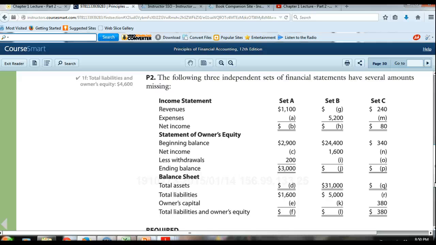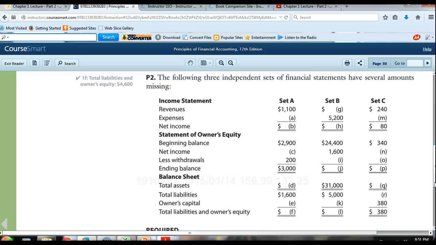G would be 6,800, wouldn't it? Do you see revenues? If you're going to have net income, your revenues need to be greater than expenses, don't they? So if H is 1,600, then G is going to be 6,800.